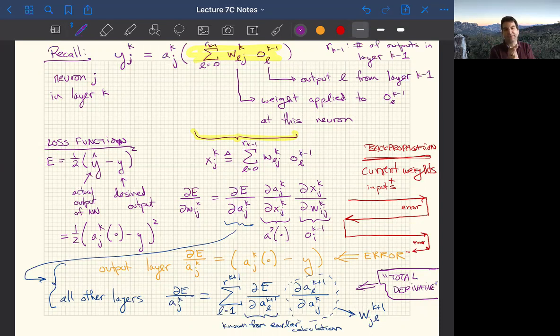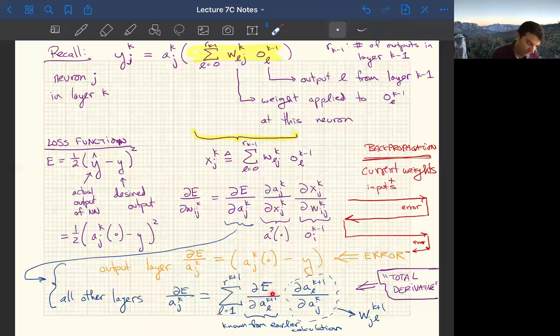If I'm sitting at the top of a hill, the total derivative is basically the sum of all of the ways in which I can vary on the top of the hill if I go in different directions, where here the different directions are these different activation functions that come from these different layers. So I am focused on a layer inside the network.